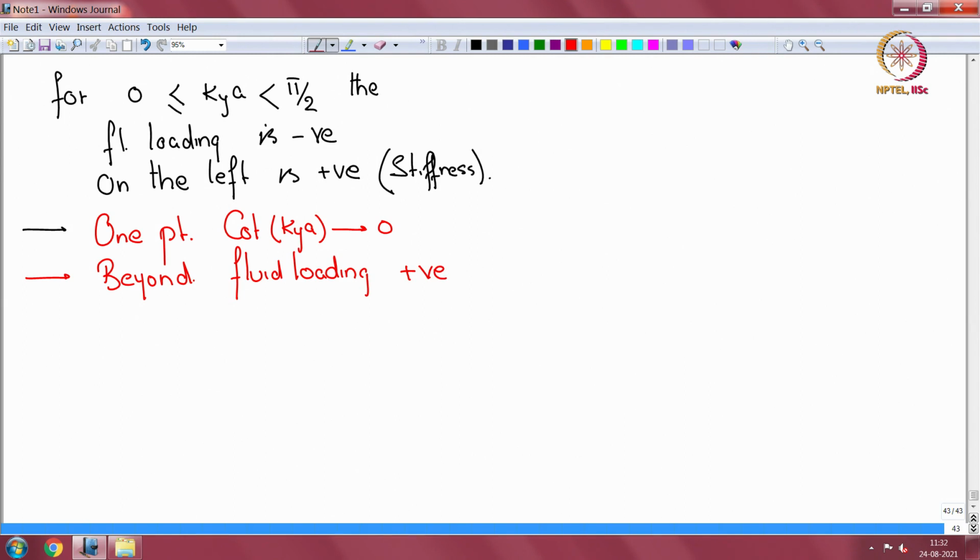Along with the sign it's positive, which means on the left it is negative, and therefore it behaves as inertia.